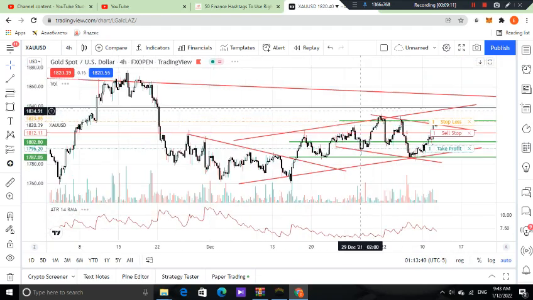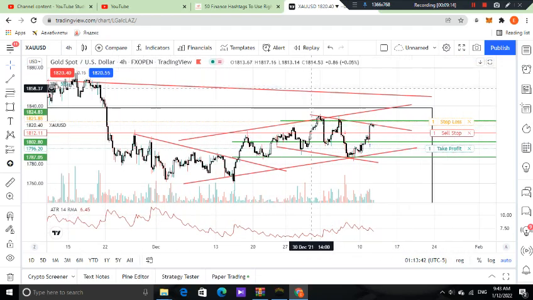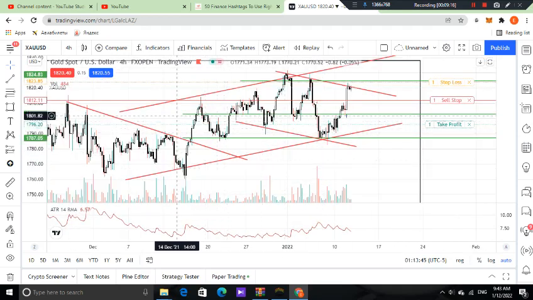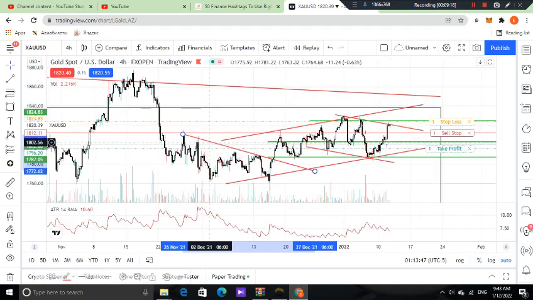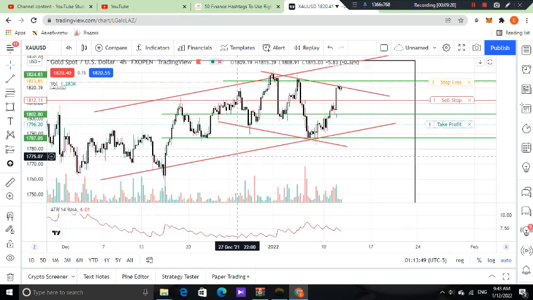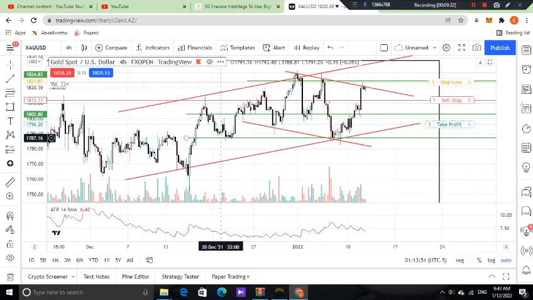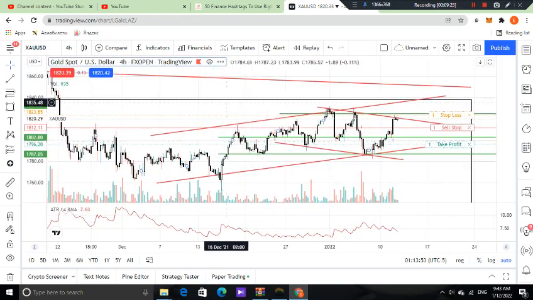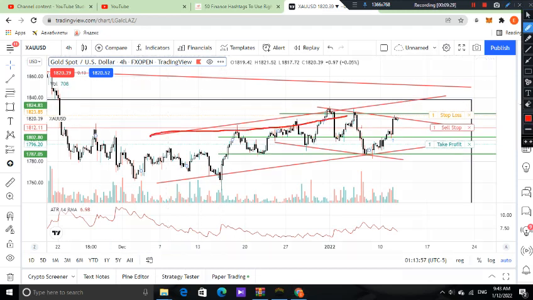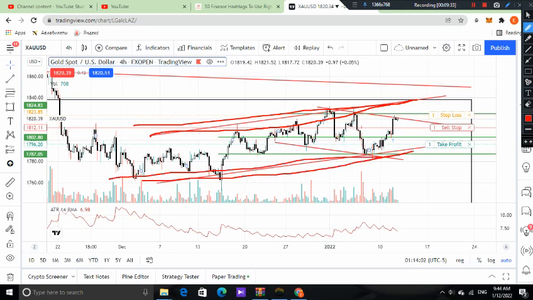In the 4-hour time frame, you can see a channel here, a bull channel. Let me erase this one. Yes, we have a channel here, and I'm talking about this bull channel. It's a broad channel.